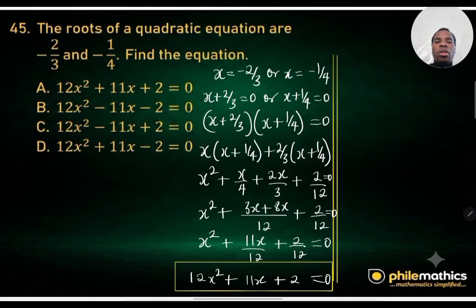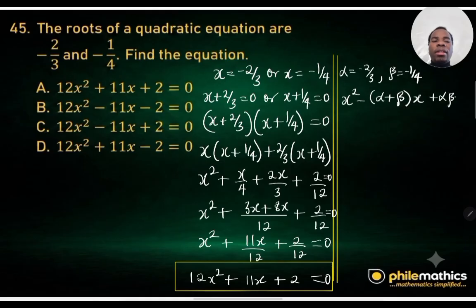Let's look at the second method. Let's call alpha -2/3 and beta -1/4. We know that the formula for finding the equation given the roots is simply x squared minus alpha plus beta x plus alpha beta equals 0.